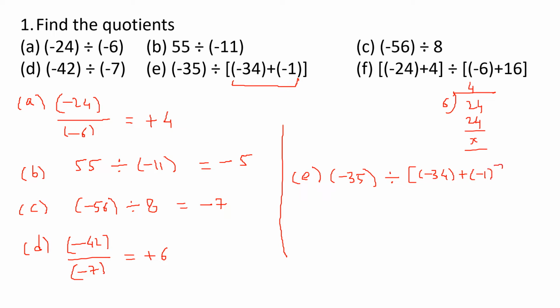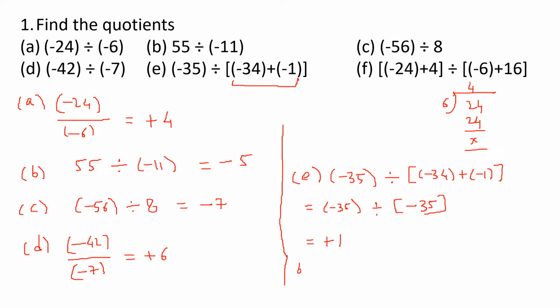Now minus 34 and minus 1 are the same sign, so they will be added and the answer will be negative, so it is minus 35, right? And minus 35 divided by minus 35, both are equal, so the result will be 1, and both are negative signs, therefore the result will be positive. So this is how you can proceed for question number 5.